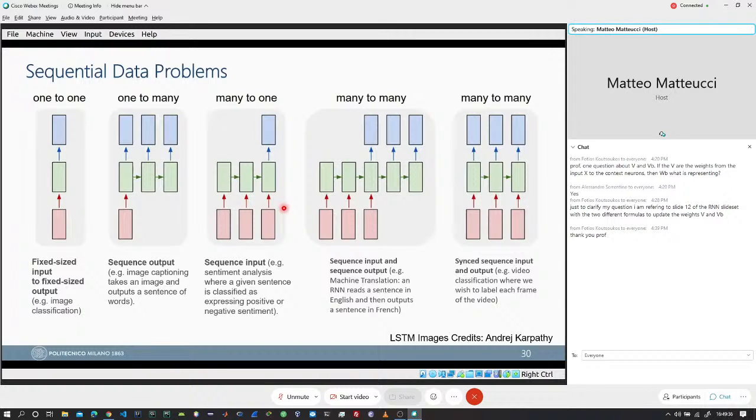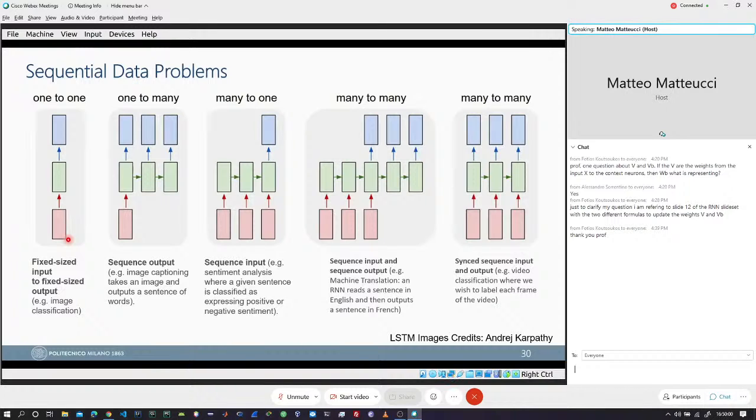Sometimes this hidden representation is also called latent state, because it is one hidden state of the network which generates the output. Now, in the fixed size input and fixed size output, you don't have memory, not at all, because you don't have any recurrency.